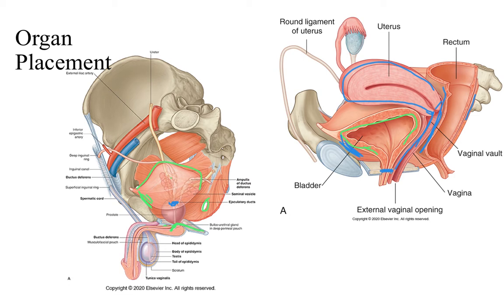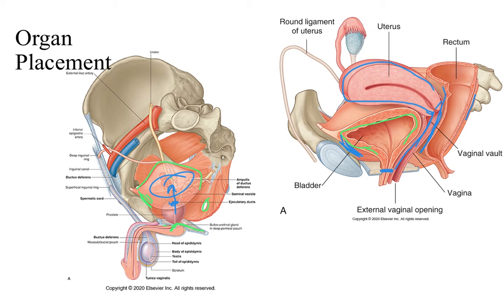Part of its function there is not only to allow urine to exit the bladder into the urethra, but during ejaculation, it also prevents backflow of semen into the urinary bladder. So that's completely clamped shut during ejaculatory conditions.